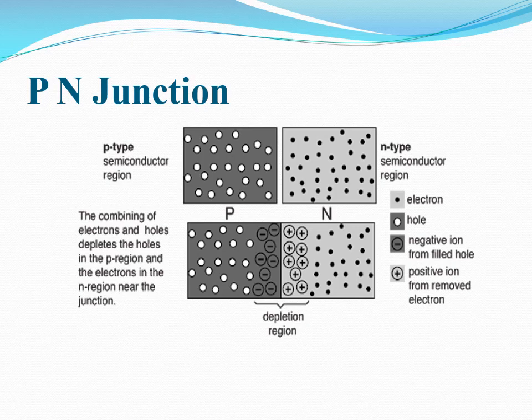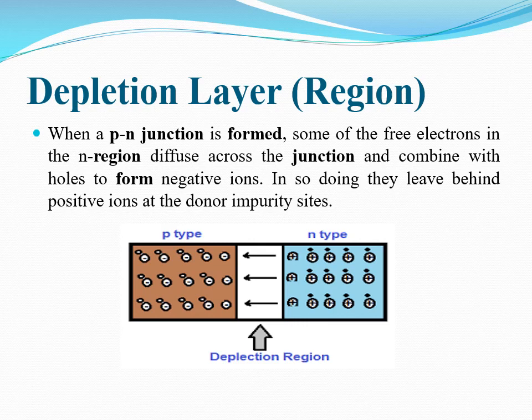So negative and positive will attract each other and they will create a depletion layer. When a PN junction is formed, some of the free electrons in the N region diffuse across the junction and combine with holes to form negative ions. In so doing, they leave behind positive ions at the donor impurity side.